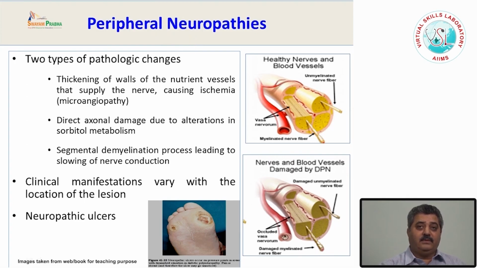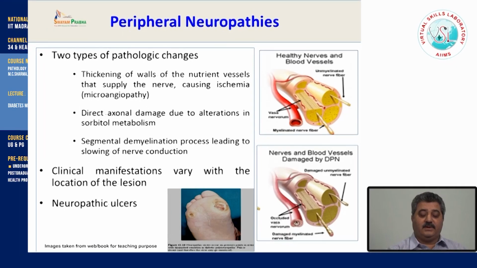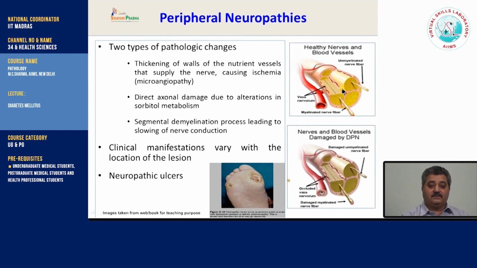It may be that the smaller vessels which supply these nerves become thickened because of the microangiopathies, or there may be direct damage to the axons, which is further complicated by the trophic ulcers.